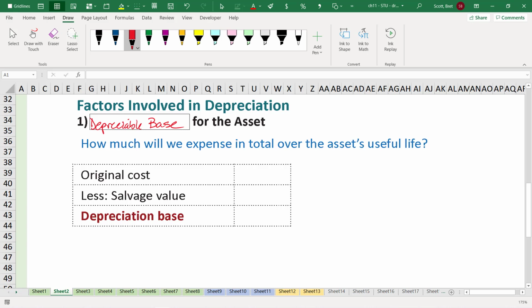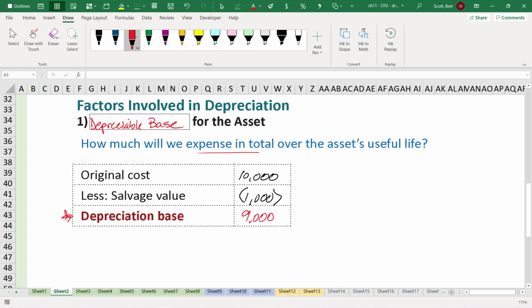In other words, how much will we expense in total over the asset's useful life? If the original cost of a piece of equipment is $10,000, and at the end of its useful life we expect to sell it on Craigslist for, say, $1,000, then the depreciable base in this case is $9,000.